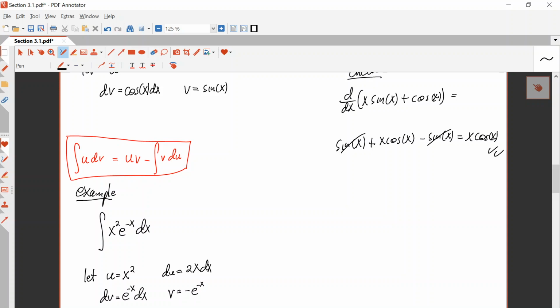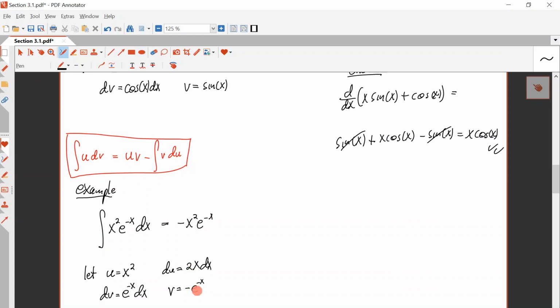So that's v. So this is equal to u times v, so it's minus x squared e to the minus x, minus the antiderivative of v du. Now, careful with your signs here. I have 2x times minus e to the minus x, so I'm going to bring that minus 2 out front.